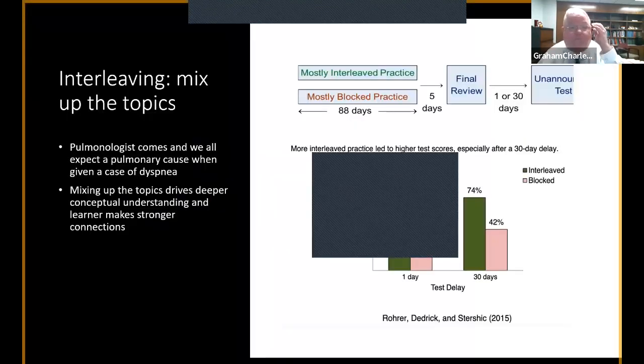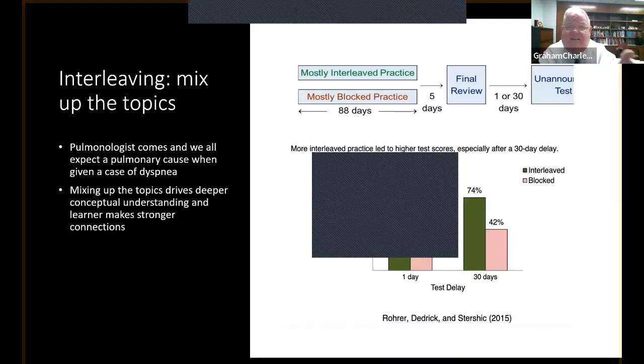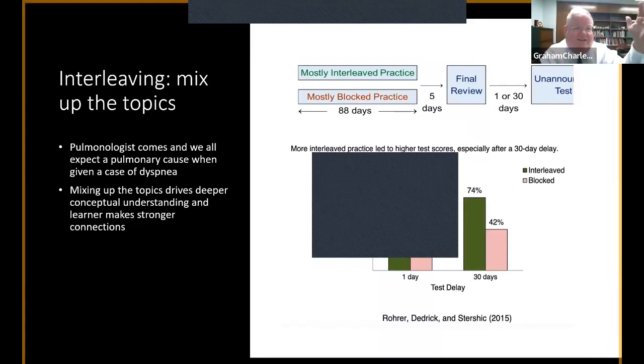The second concept is interleaving, as opposed to the mass practice or the cramming. In other words, mix up the topics. So again, if you had a longitudinal residency curriculum and you have certain topics that you want to revisit, mix it up so that this week we're going to focus on pulmonary complaints and next time on abdominal pain, mixing up the topics.